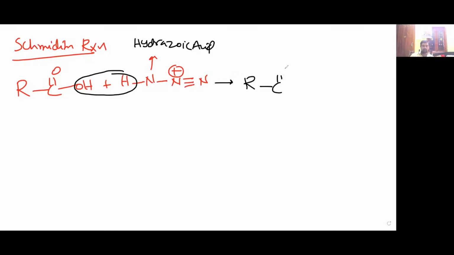Then R, C, double bond O, N. This is because bond shifted like this, no? This is negative, this is positive. Water is eliminated. Then you are going to get, here nitrogen already has a pair, N triple bond N, here plus is there, here minus is there.